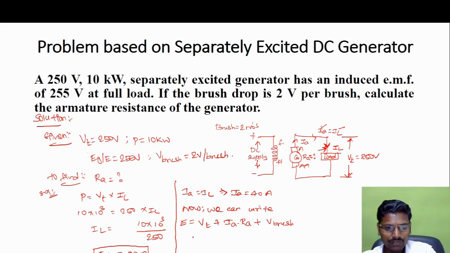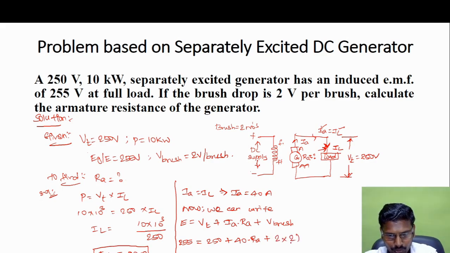Now we are going to substitute the values in this expression. We know the value of E, which is 255 volt, equal to Vt, 250 volt, plus IA, 40 amps, into RA, which we need to find, plus V brush, equal to 2 volt per brush into 2, which is 4. As I already told, the number of brushes is a minimum of 2.